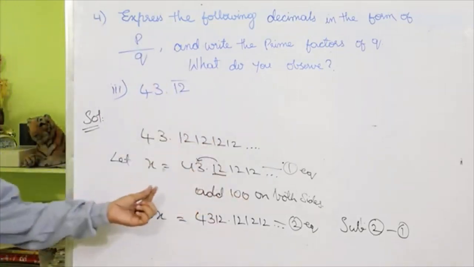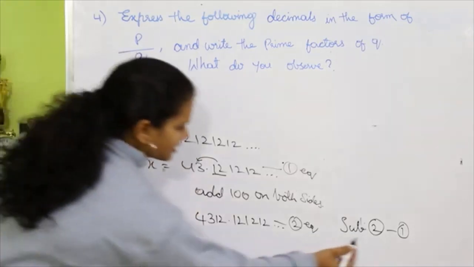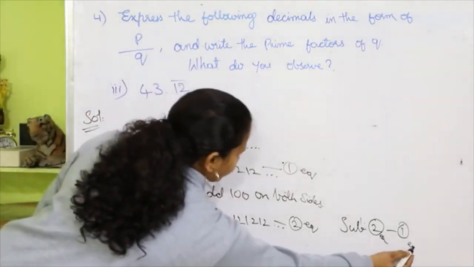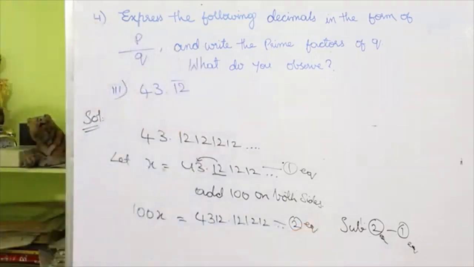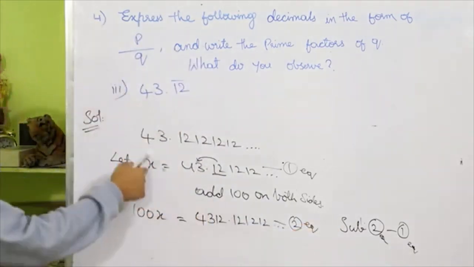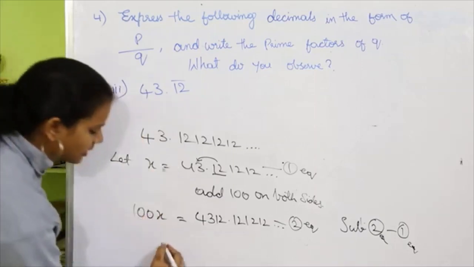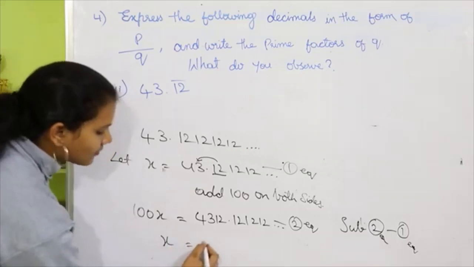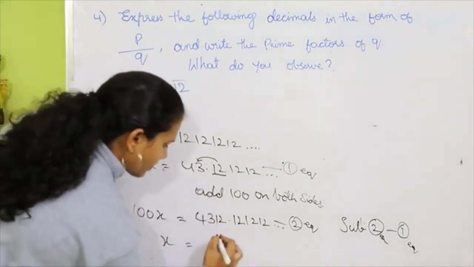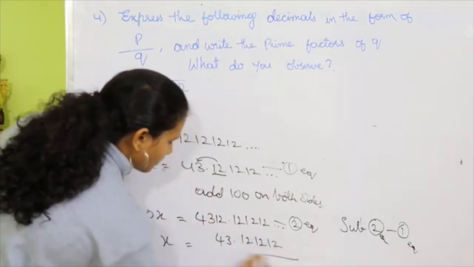Here I am just going to copy the first equation: x equal to 43.121212, it goes on.